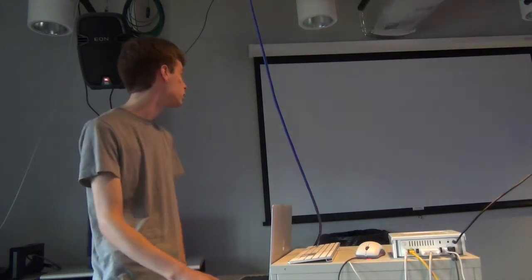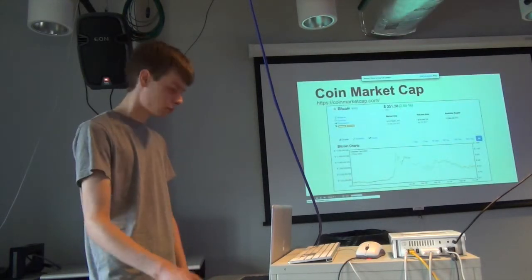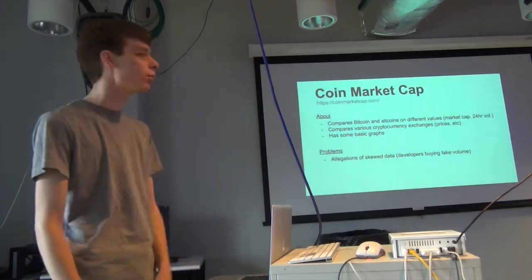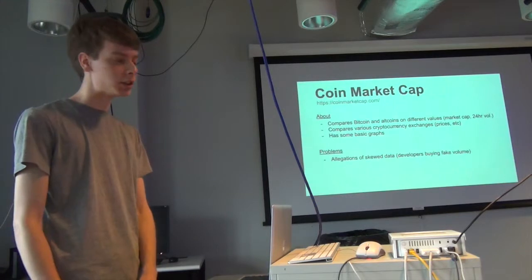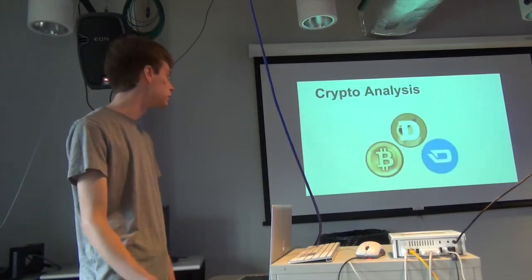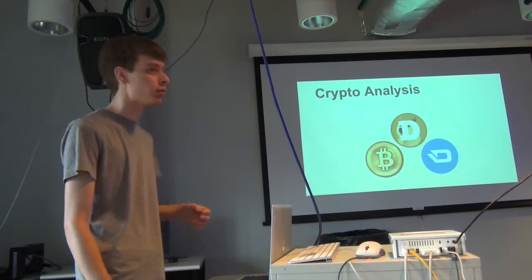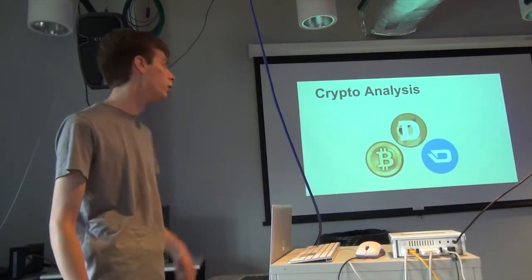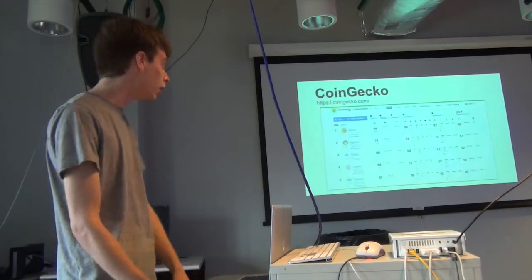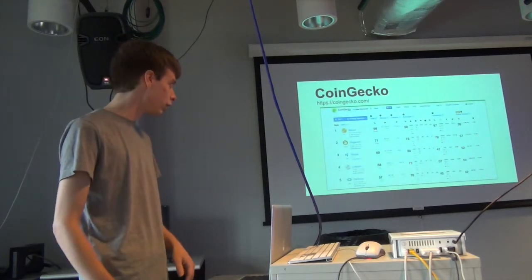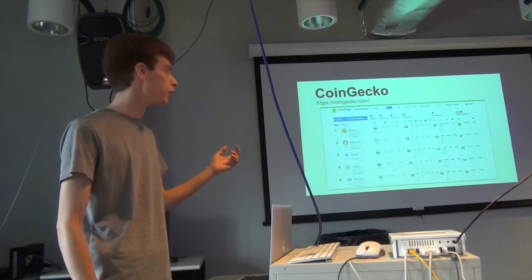Jumping back. Yeah, CoinMarketCap, like I said, a lot of exchange statistics and analysis. Then there are crypto analysis sites, crypto being cryptocurrencies like Bitcoin, Dogecoin, Darkcoin. The most notable of those sites is CoinGecko, and as you can see, this is their homepage.